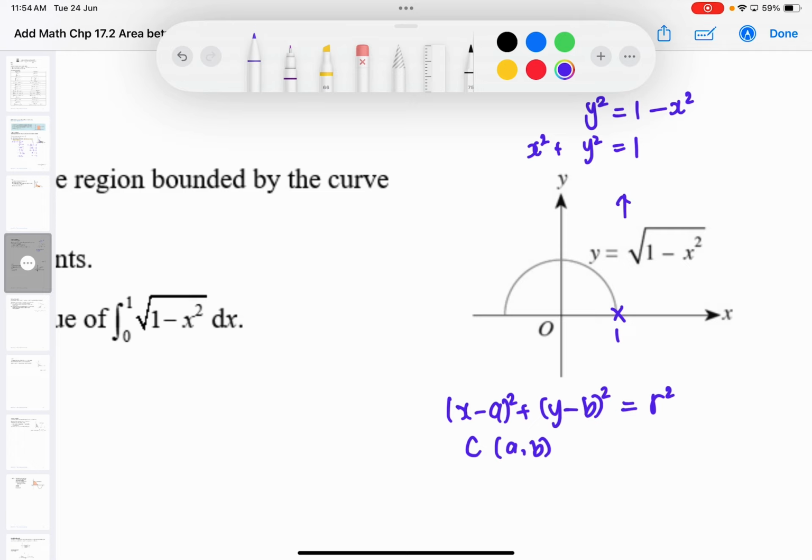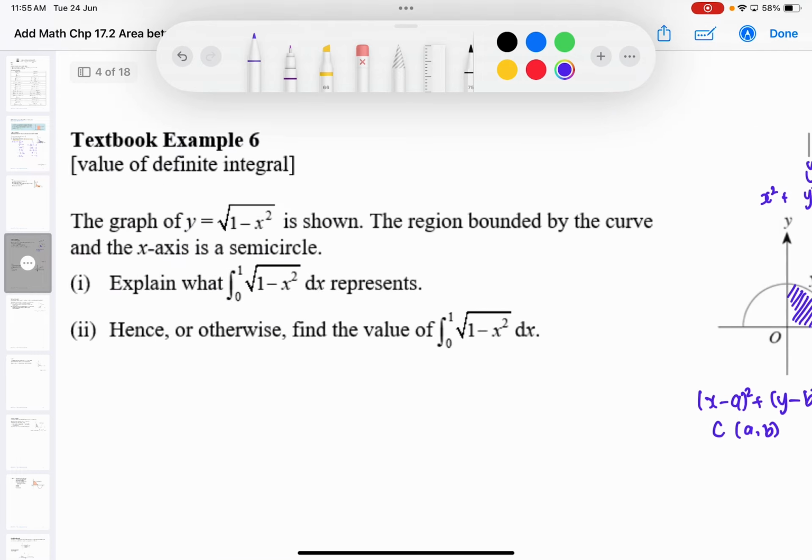Which means that if I'm integrating from 0 to 1, I'm finding this area. So instead of saying it's the area under the curve from 0 to 1, how can I be more specific in my answer? It is the area of the quadrant, which Hai Si mentioned just now. Understand?